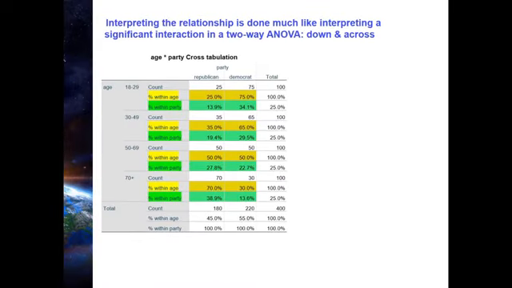And so hopefully you remember that when we describe the relationship, it's almost like we're explaining an interaction effect in a two-way ANOVA. All right. But we have to ask SPSS to give us the percentages in each cell. Because normally when we do chi-square test of independence, we just get this. In other words, it shows us our observed data.